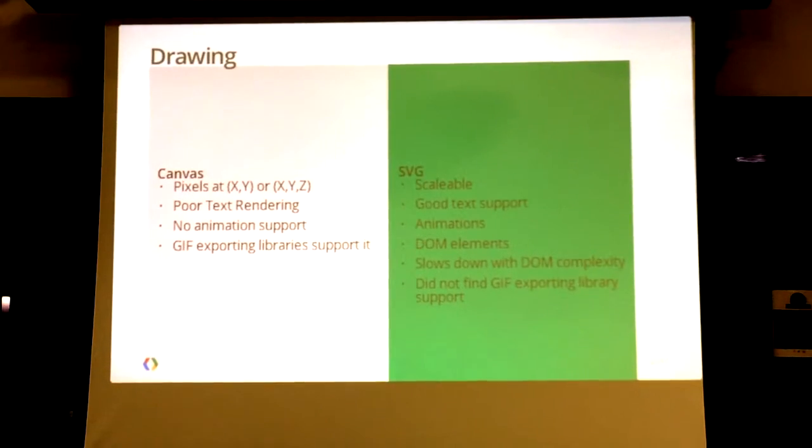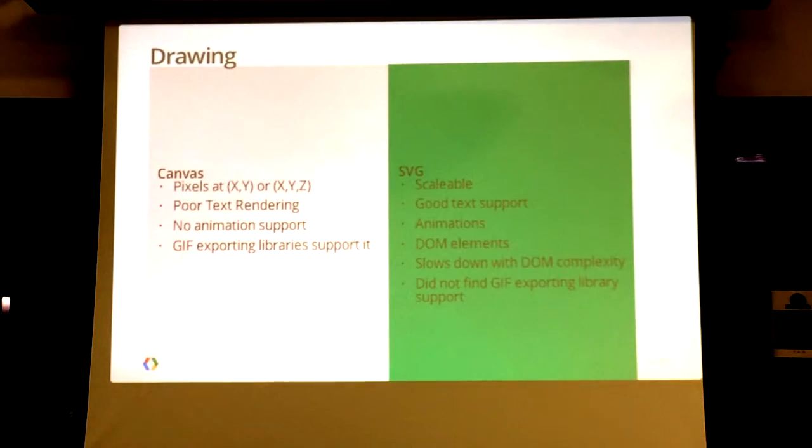But SVG is a lot cooler, so you actually describe shapes, not just their points, but you describe their curves and kind of how they're laid out. And it's a lot more like HTML, so SVG is not just a bitmap in memory, it's actually DOM elements that get rendered for you.